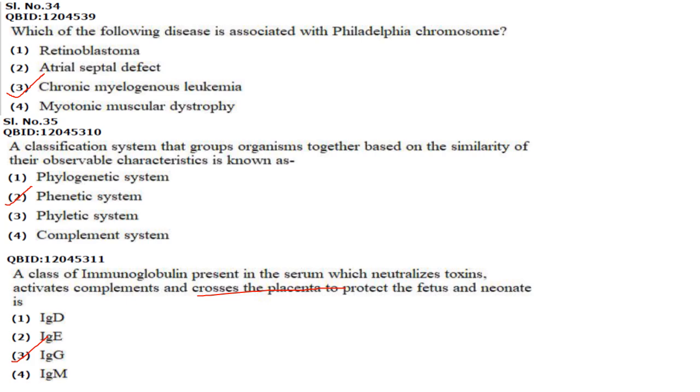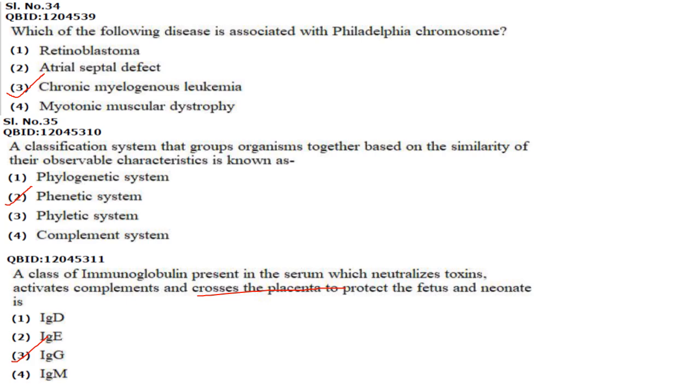Then next one. A classification system that groups organisms together based on the similarity of their observable characteristic is known as. So first option is phylogenetic system. So it is based on evolutionary relationship among biological entities. They have asked for similarity of observable characteristics.